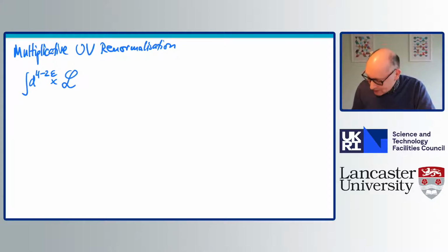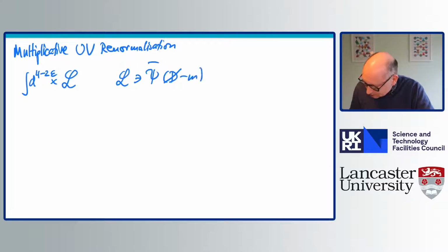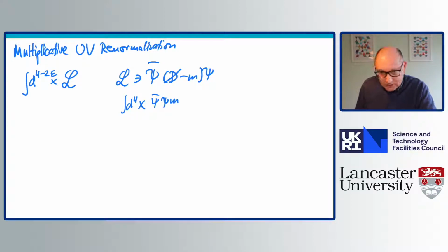The Lagrangian contains terms such as psi bar D slash minus m psi from the Dirac equation with the fermions coupled to a vector field. Since in 4 dimensions this term will integrate to something that has no units, we can exponentiate it.